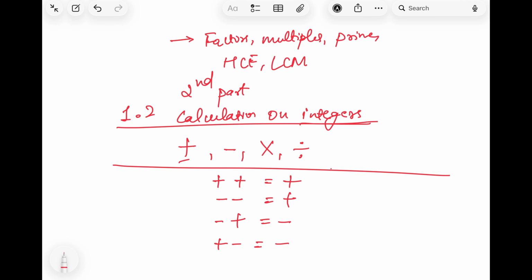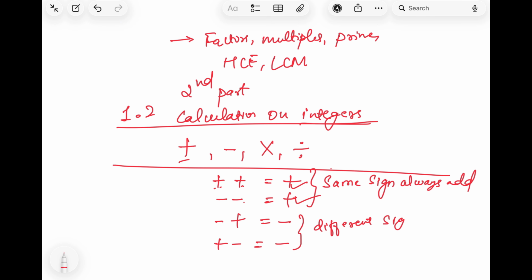To understand this simple rule, remember: same sign always add. If the two numbers have the same sign, you always add them, and different sign always subtract.